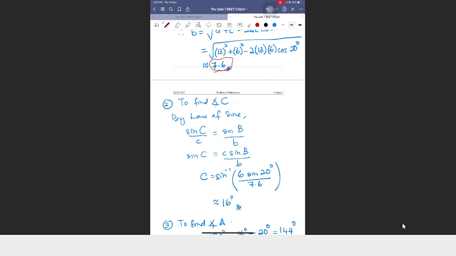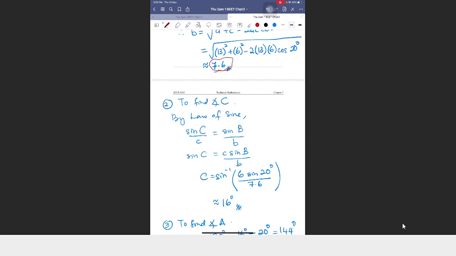But if you use your law of cosine and suddenly you got like 15.1, this is already 16. The difference by that one is not that trivial. It means that it is correct. Unless you use your law of cosine, this is 16 degrees, and then you got like 20, 30 degrees. That is too much of a difference, then it shouldn't be like that.